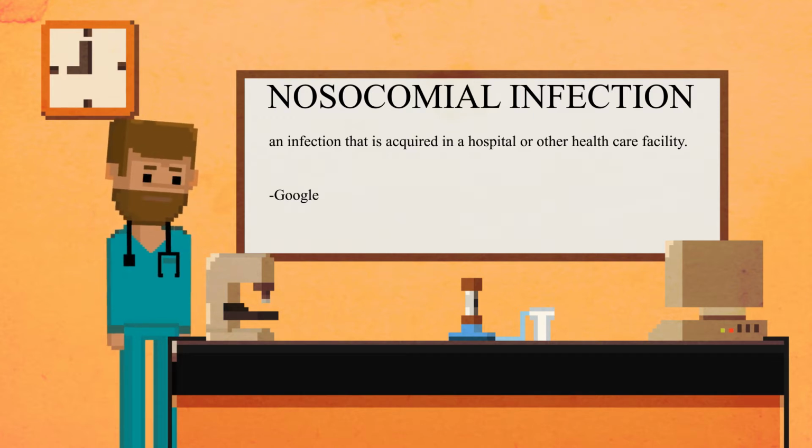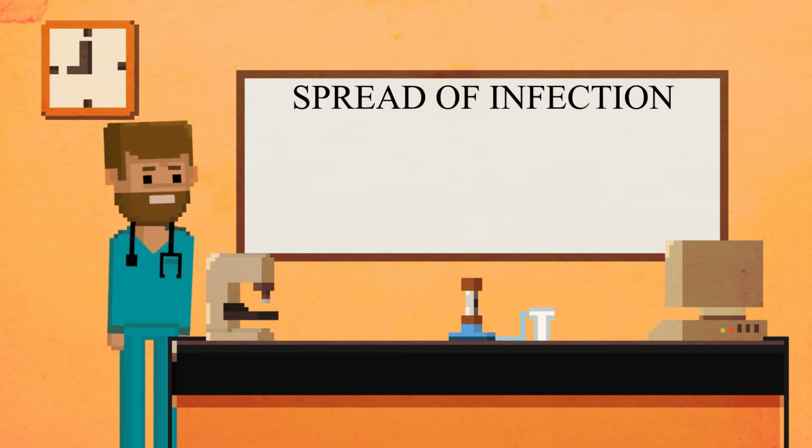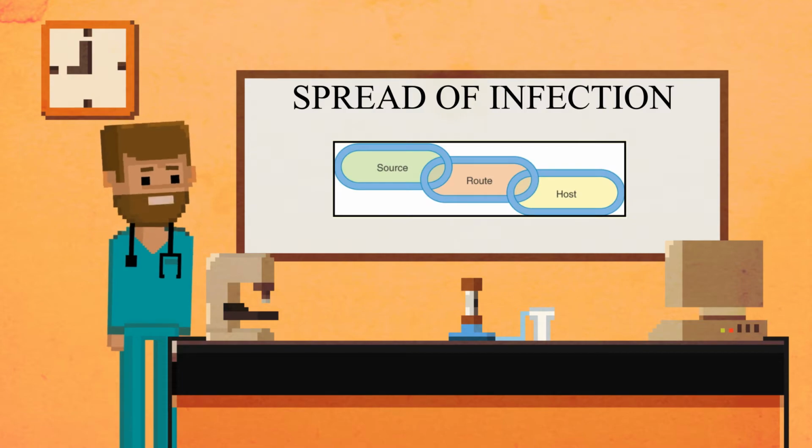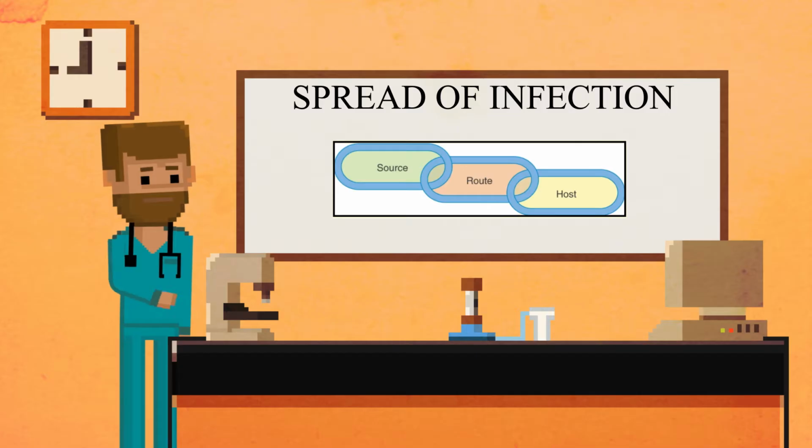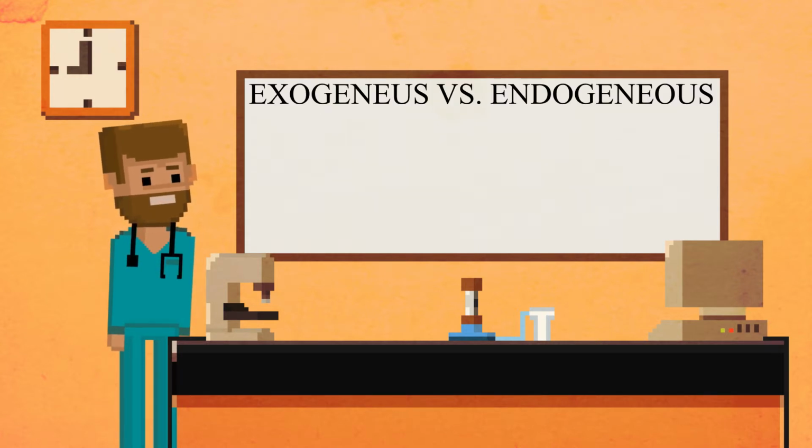Hospital-acquired infection. Next, we need to identify and describe the 3 major elements necessary for the spread of infection. The 3 elements necessary are a source of the pathogens, a route of transmission, and a susceptible host. Next, we need to define what exogenous and endogenous mean and what the differences are between those.